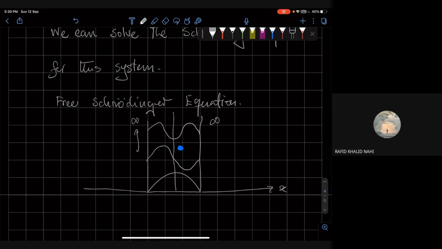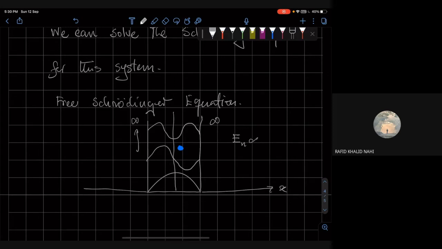If you use this restriction, you can show that the solutions are essentially sine functions or cosine functions. And because of the boundary condition, there is a restriction on the energy levels.